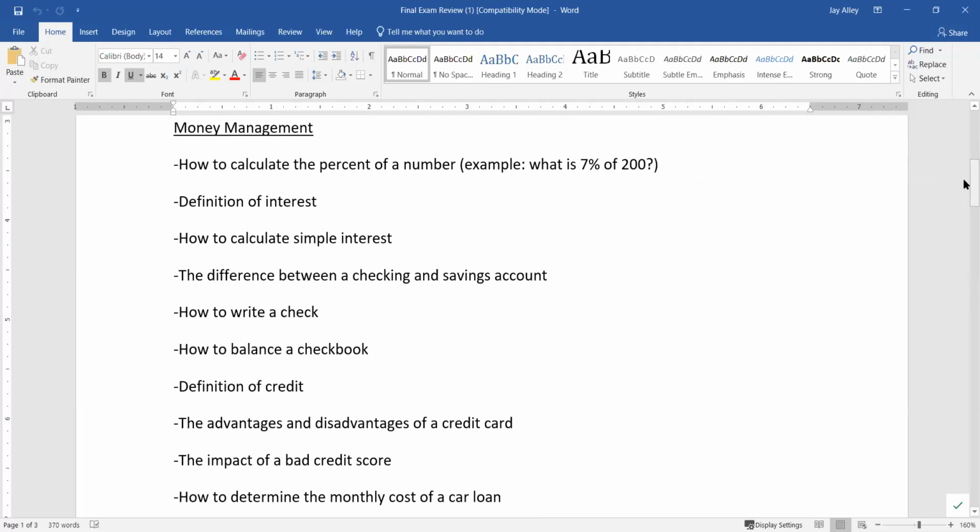All right, the next section, generally speaking, money management. Does everybody know how to calculate a percentage?